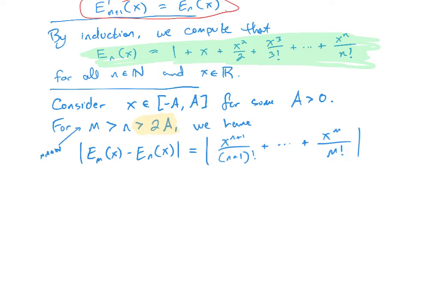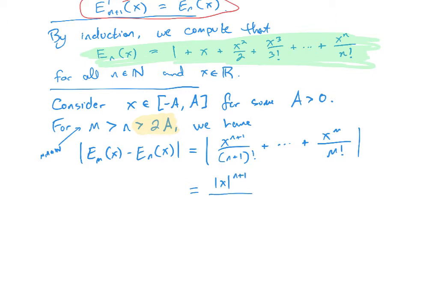Okay, we want to bound this, make it small. We'll take our time here. I'm going to pull out the common powers of x. So I'll get an x to the n plus 1, but I'm actually going to pull it outside the absolute value. So I'm going to write it as absolute value of x to the n plus 1.